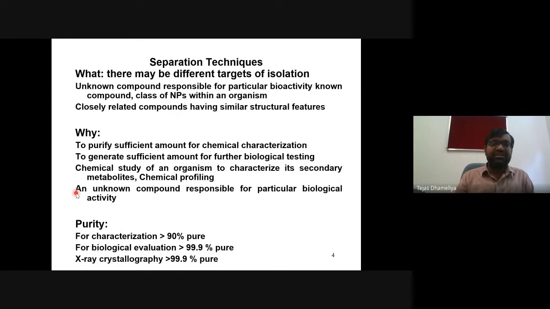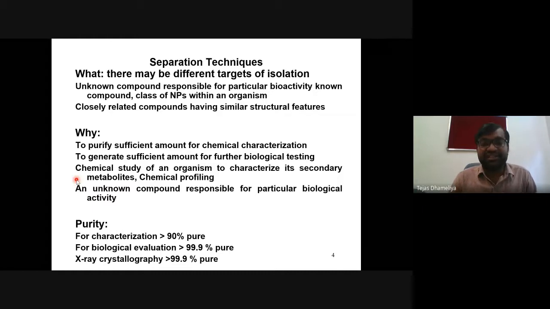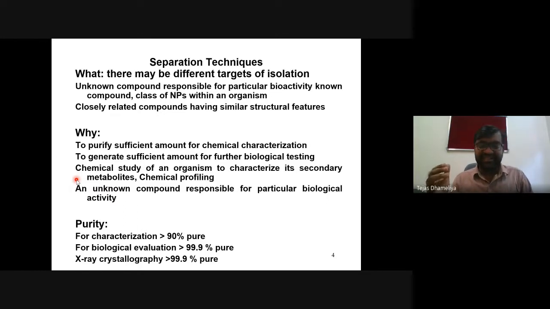And some other compounds which are responsible for biological activity, that is the same, and chemical study of an organism for its secondary metabolites and chemical profile. For that metabolism purpose also, you will be learning several stability analytical techniques, especially if you are in pharma quality assurance and also pharmaceutics.